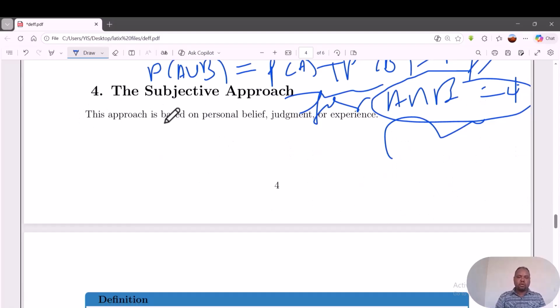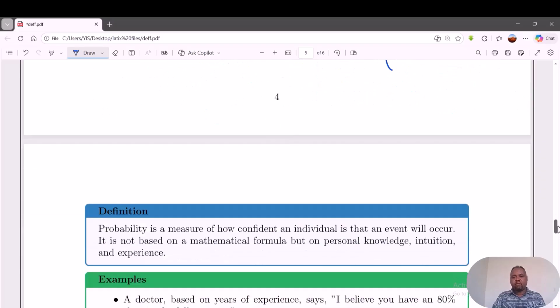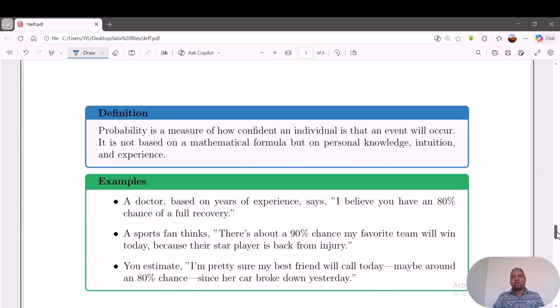The fourth is the subjective approach, which is based on personal belief, judgment, or experience, right? For example, if I see a cloudy day, I can guess that today rain will come.